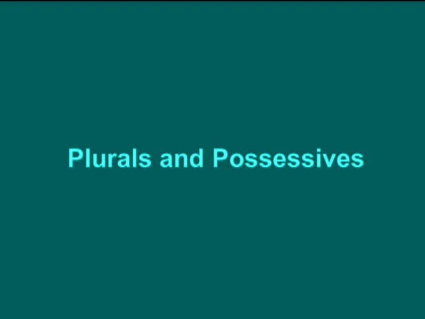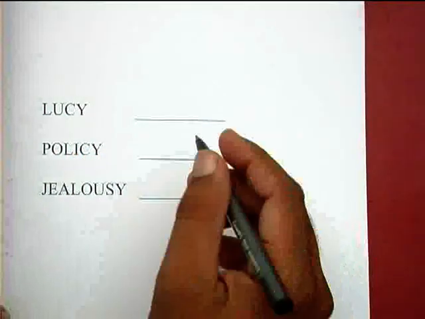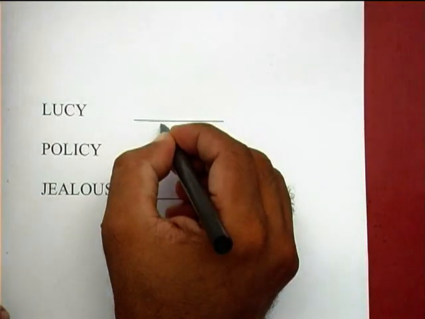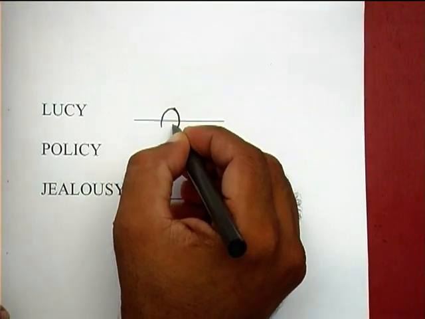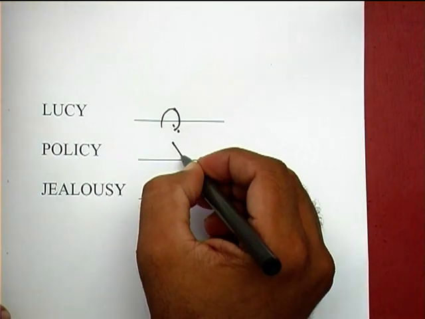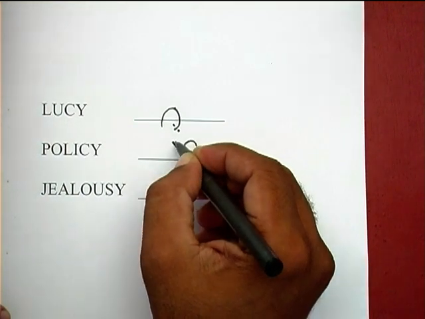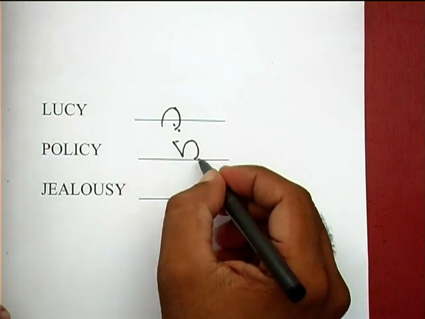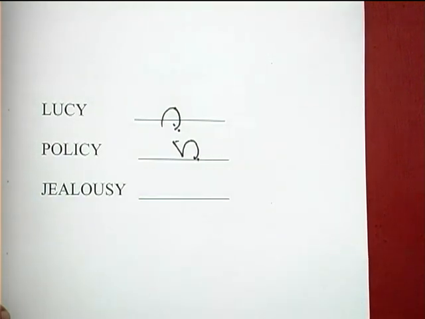Now we will discuss plurals and possessives. You observe the strokes made to represent the words lucky, policy, and jealousy.